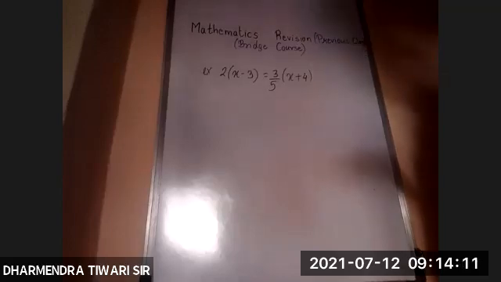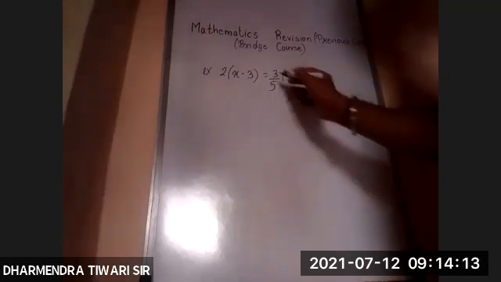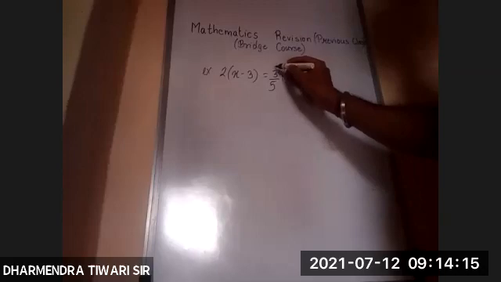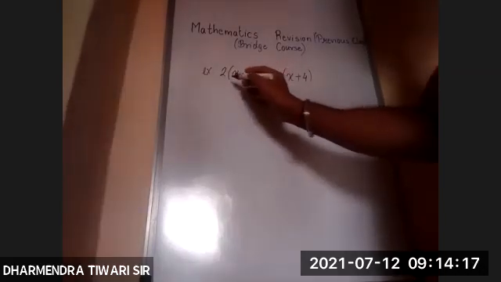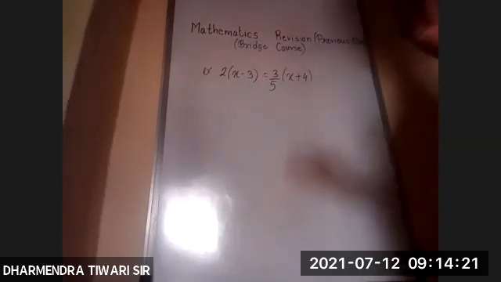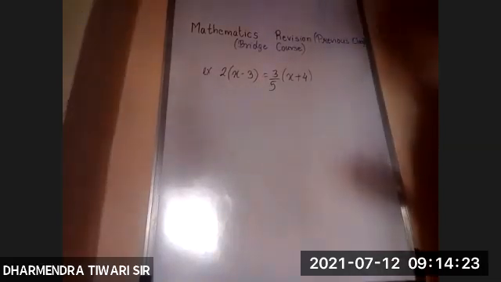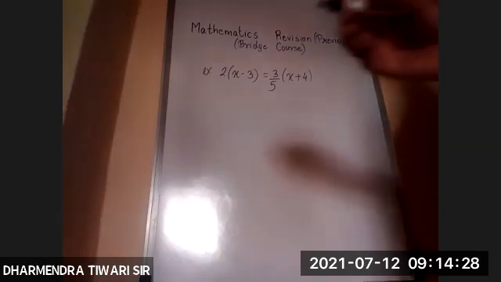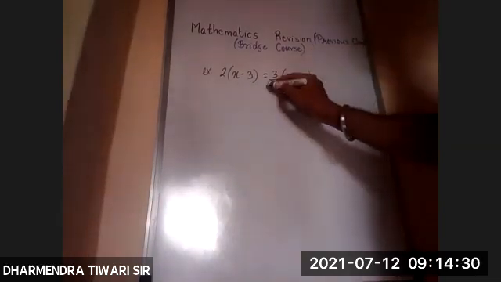Here it is creating a complication. Otherwise, I would have just opened the bracket, got the values and at last found the value of x. So just get rid of this 5 which is in the denominator.